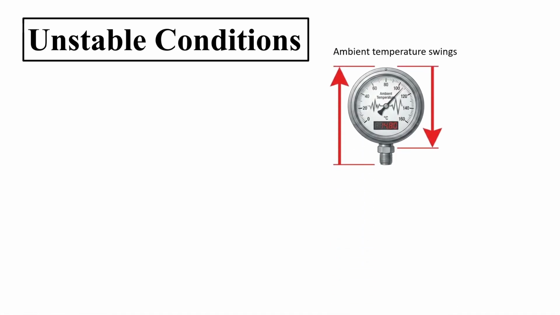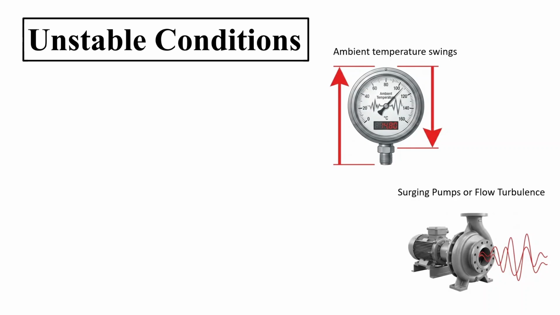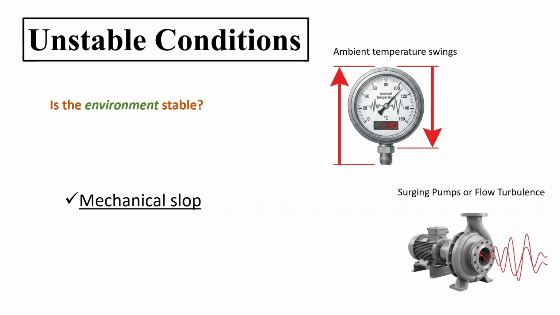And the third is unstable conditions. Sometimes the environment around the sensor is changing: ambient temperature swings, vibration from nearby machinery, or even the process itself is unstable, like a pump that's surging. If the conditions aren't steady, the readings won't be either.